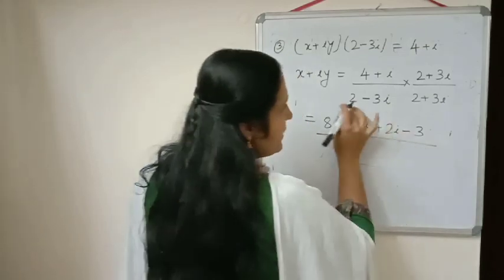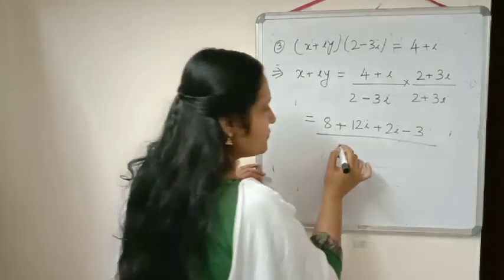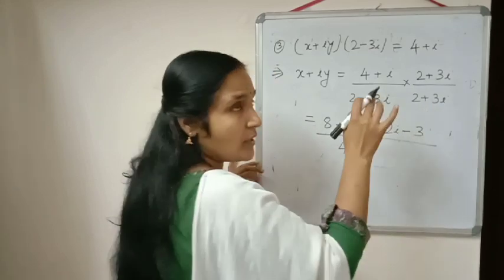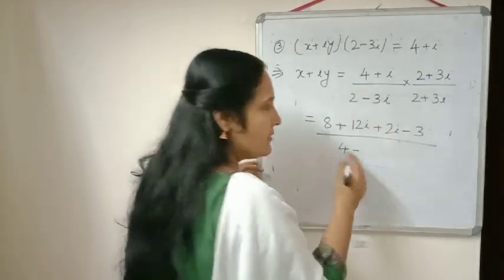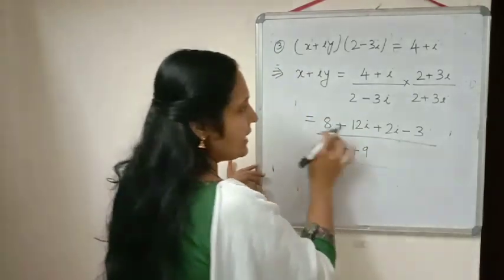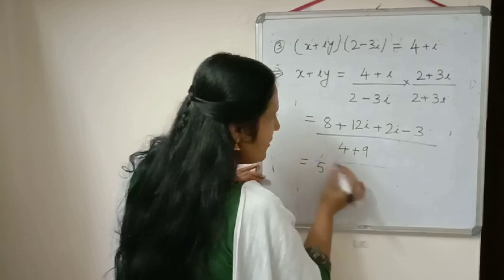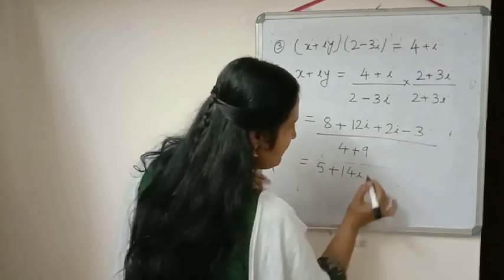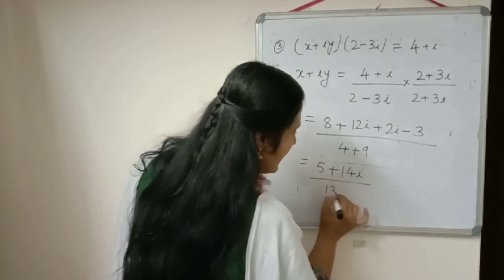By a square minus b square, 2 square is 4 minus 9i square, and i square is negative, so it will be equal to 4 plus 9. So we are getting here 8 minus 3, 5, plus 12 plus 2, 14. 5 plus 14i by 13.